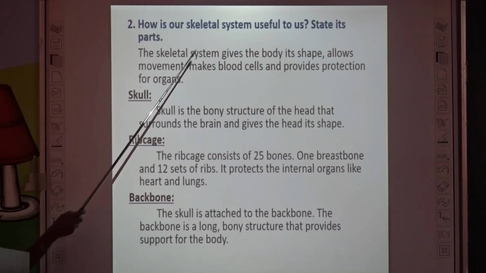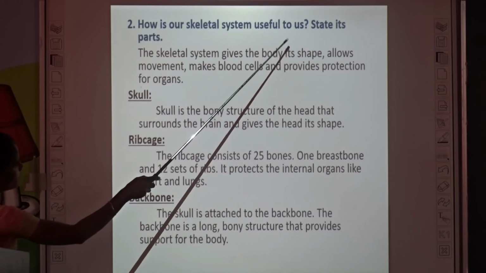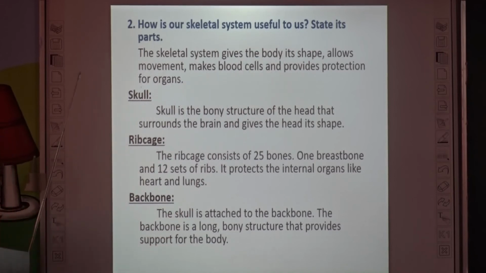How is our skeletal system useful to us? State its parts. We already know that. What is the main use of the skeleton? It gives us a body shape.